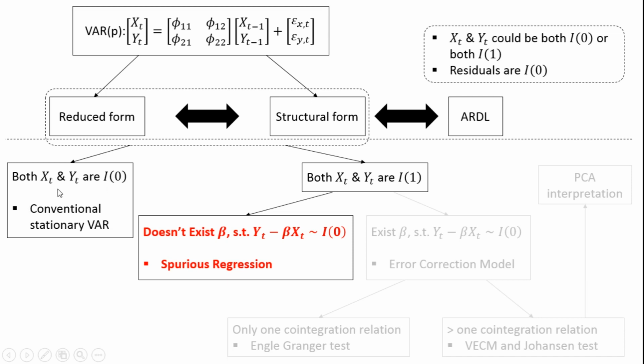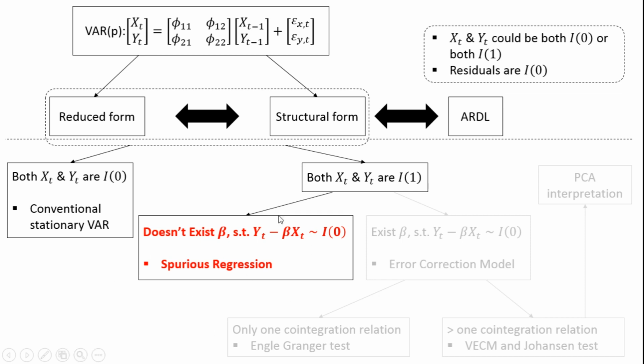In the situation in which xt and yt are stationary, we have a conventional stationary VAR. In the situation in which both xt and yt are integrated of order 1, and there doesn't exist a beta so that yt minus beta xt is stationary, we have a problem of spurious regression.